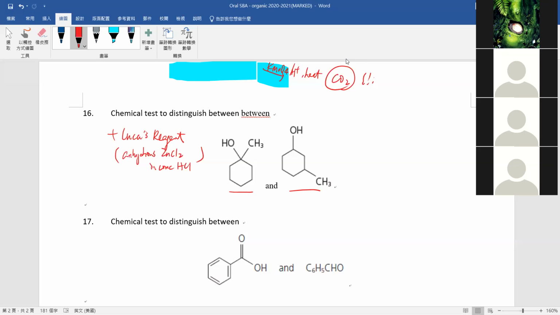Don't tell me the former one, the latter one, left-hand side one or right-hand side one. How to name this?